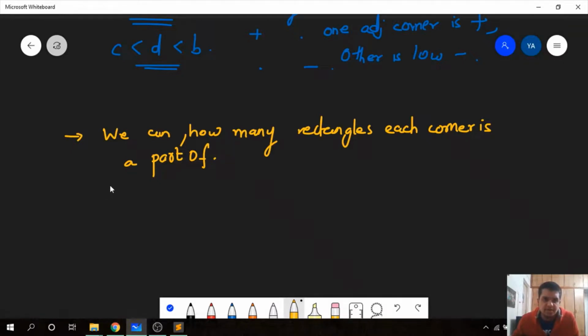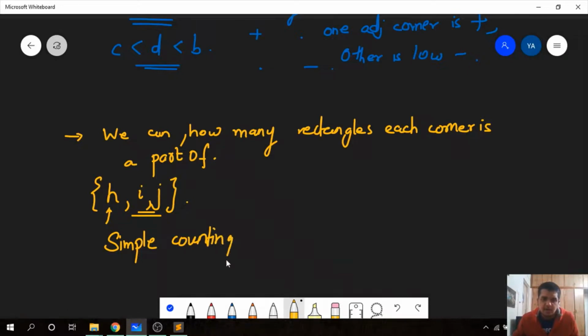So basically we need to sort, say, in a tuple of height, i comma j. So this is the height of the candle placed on the coordinate, and these are the two coordinates. So we have to make use of the sorting order. Then we can use simple counting along rows and columns.